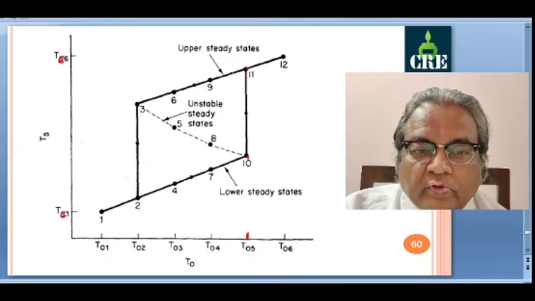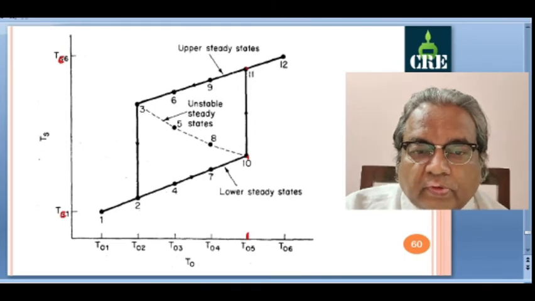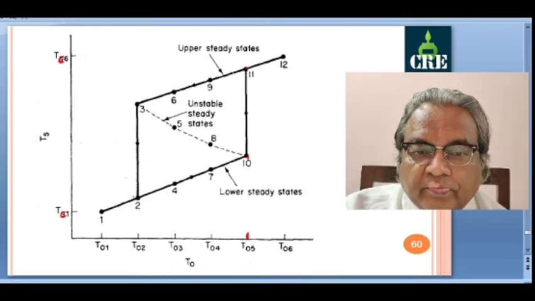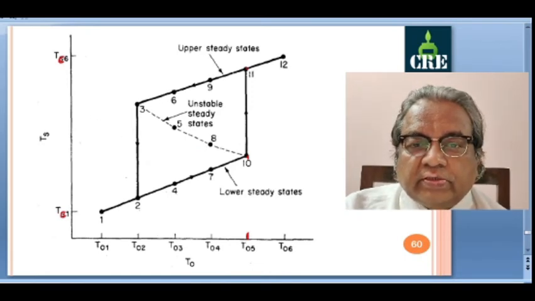And then we have the corresponding values T01 and this final value. You can say this is representing TS1, then you have TS2, TS4, TS7, TS10, TS8, TS5, TS3, TS6, TS9, TS11 and finally TS12.